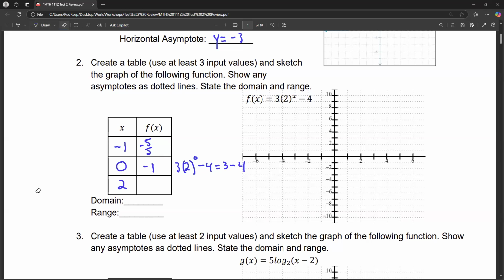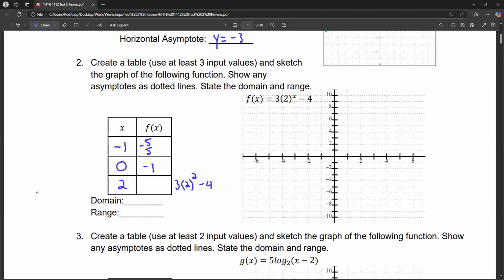Great. Moving on to the last point here to plug into our function, wherever there's an x, we have 2. So we're going to go ahead and do 3 times 2 to the power of 2 minus 4. Okay, and so this is where we're going to have to do the repeated multiplication that the exponent is calling on. 2 to the power of 2 is the same thing.